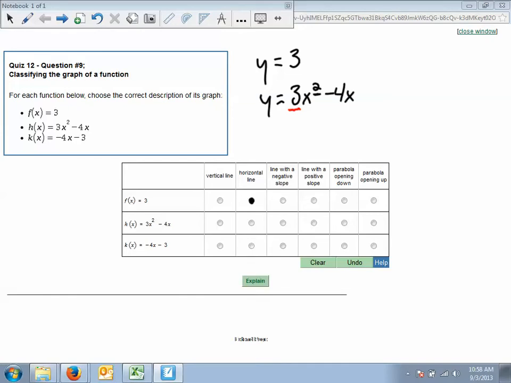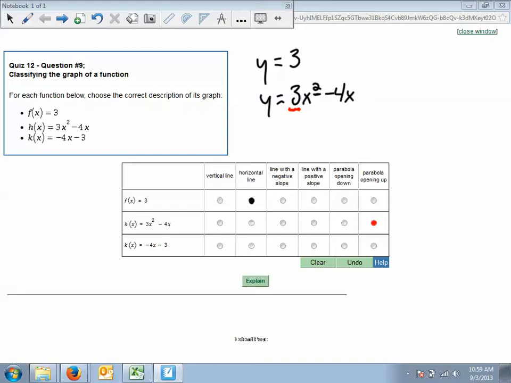So it's going to look more like a U, a U-shaped graph. If this were negative, it would open downward, so it would look more like an arch, like the arch you would see in St. Louis. So we know that our first term here has a positive 3, so that second function is going to be a parabola opening upwards, a U-shaped graph instead of opening down like an arch.